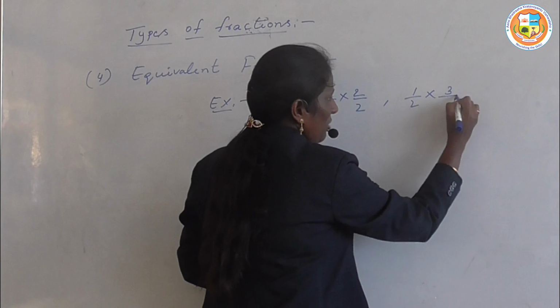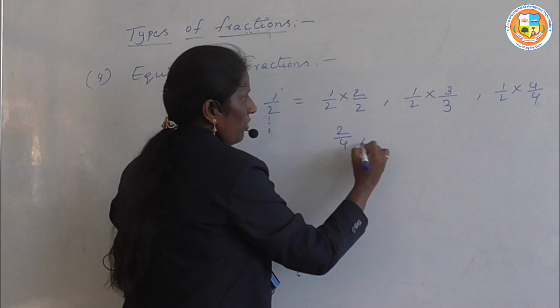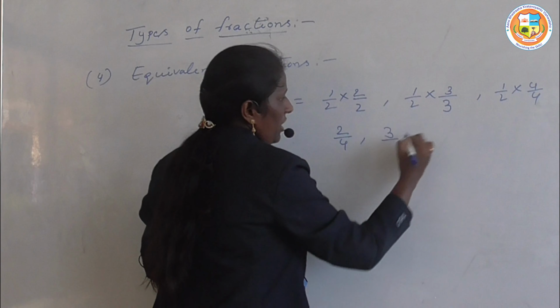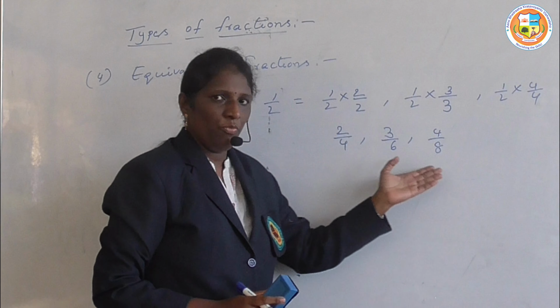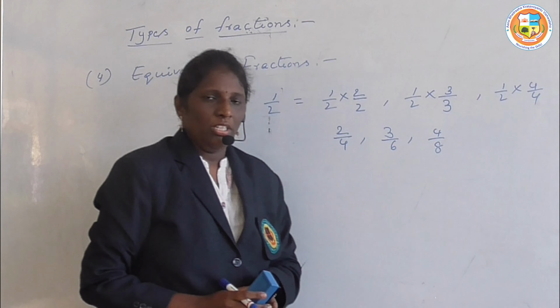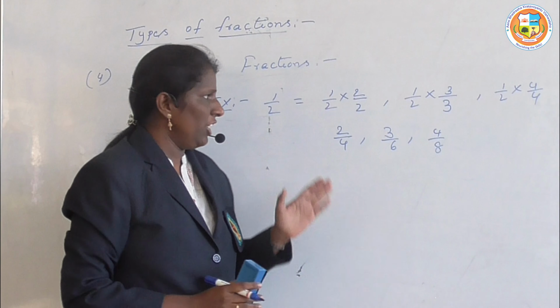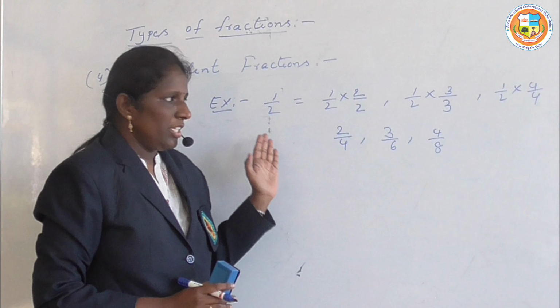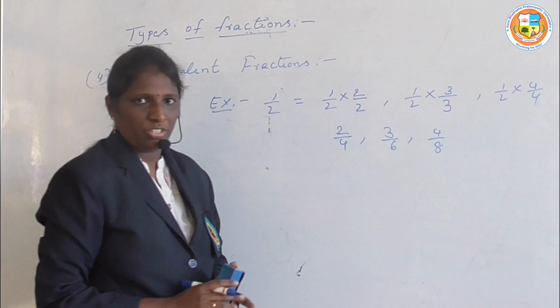Here, 1 by 2 into 4 by 4. Multiplying: 1 2s are 2, 2 2s are 4, 1 3s are 3, 2 3s are 6, 1 4s are 4, 2 4s are 8. So the first 3 equivalent fractions of 1 by 2 are 2 by 4, 3 by 6, 4 by 8. There are infinitely many equivalent fractions of any fraction.